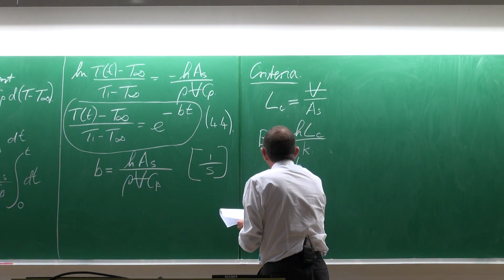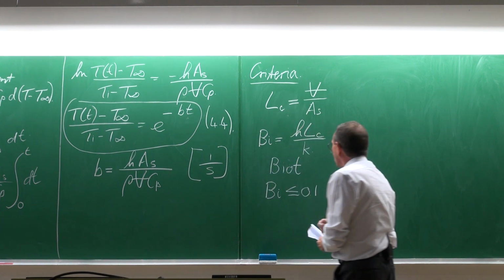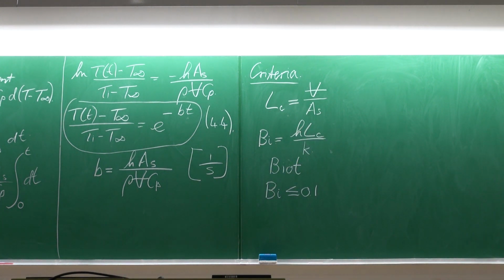And normally, if the Biot number is smaller than or equal to 0.1, then this approach can be used.